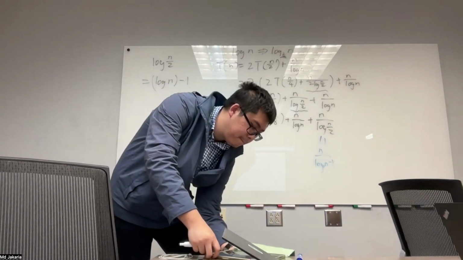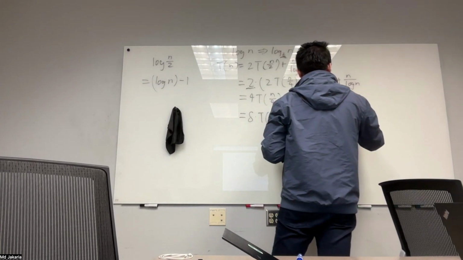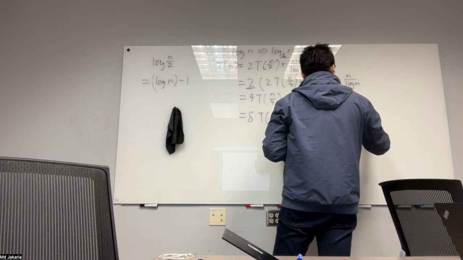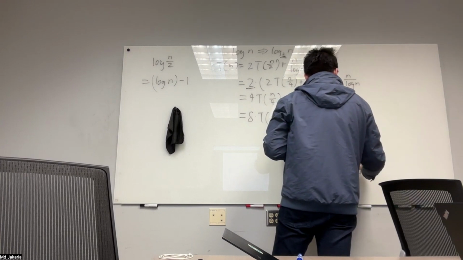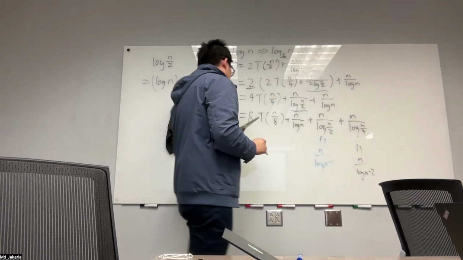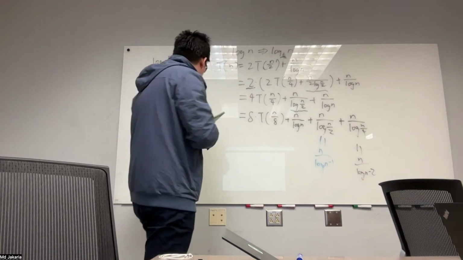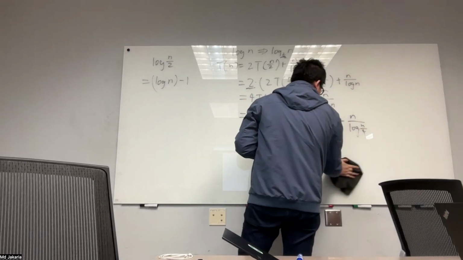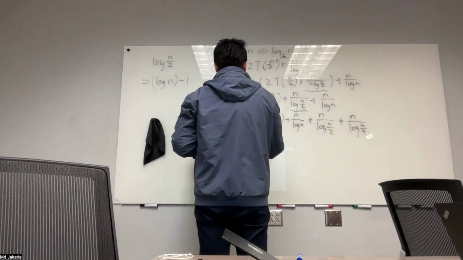plus n over log n minus 2. With this equation in mind, we can do this k times.